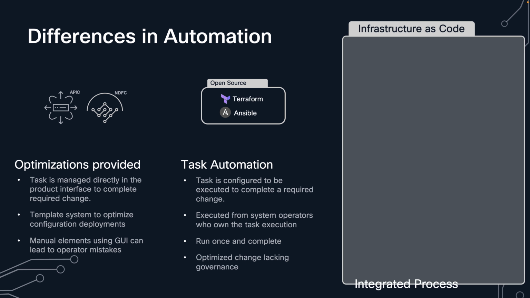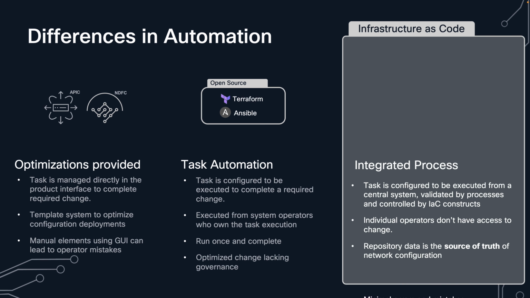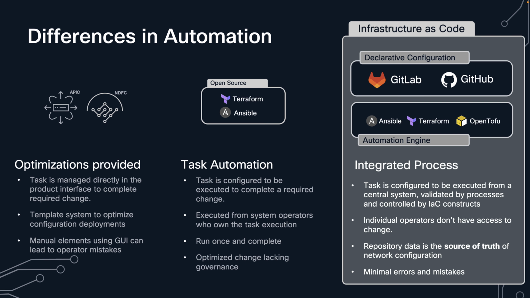But infrastructure as code takes a different approach. In infrastructure as code, we look at things from a declarative configuration point of view. What we mean by this is that inside of some sort of source code repository is a representation of the network configuration as a whole. Everything. And what we do is make modifications to that representation of the network configuration.